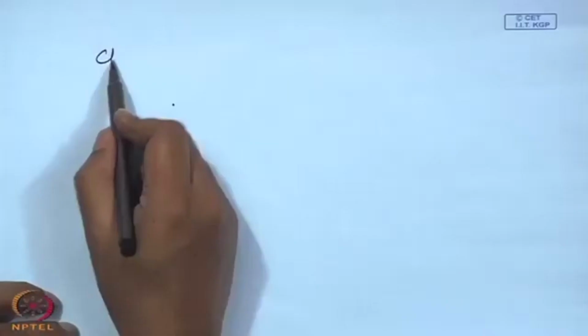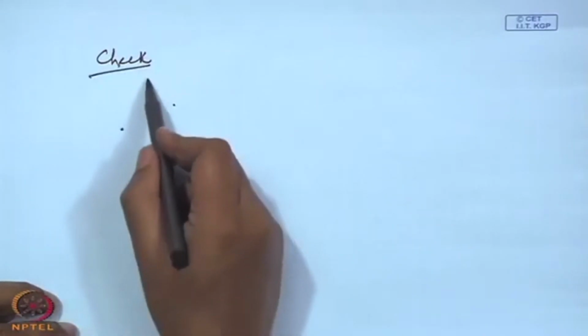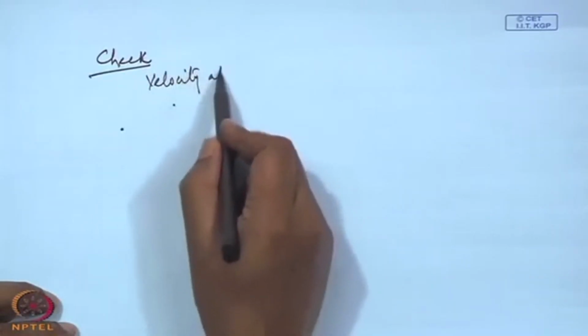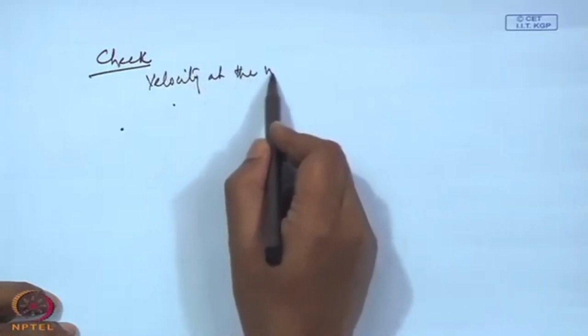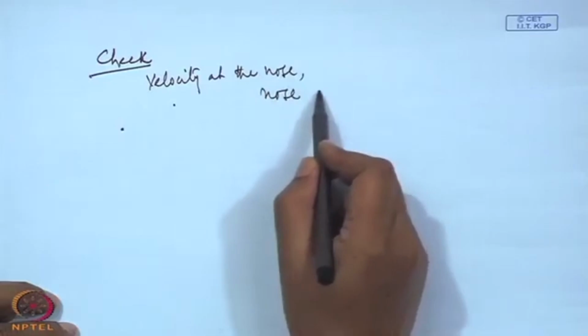We can also check that this is a stagnation point. Velocity at the nose, now nose corresponds to theta equal to pi.